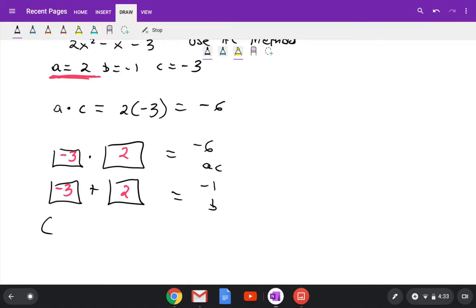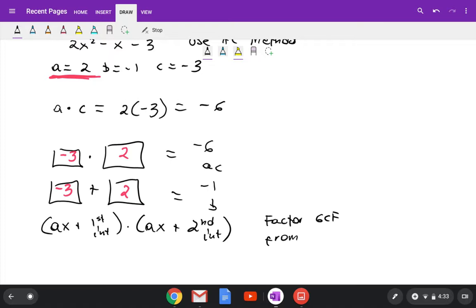So you're going to create two factors, ax plus first integer times ax plus second integer, and factor GCF from each parenthesis and ignore it.